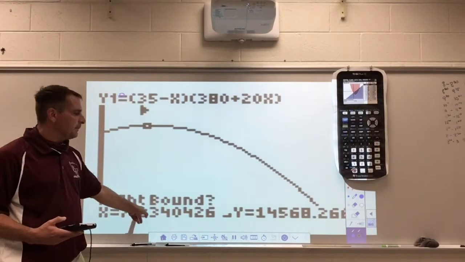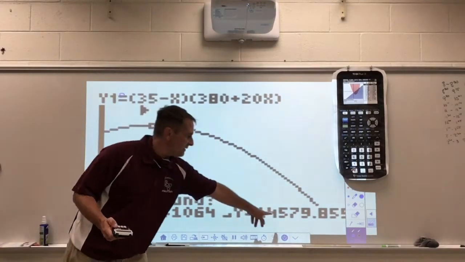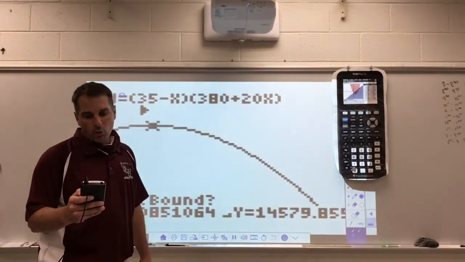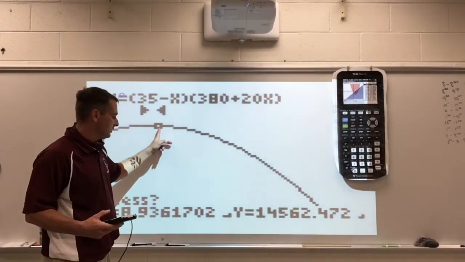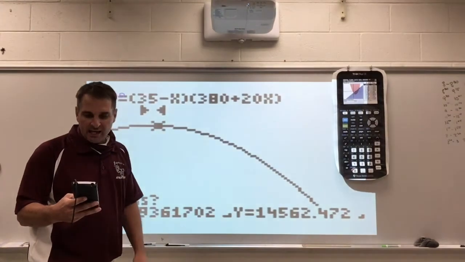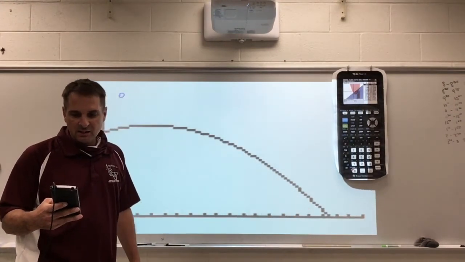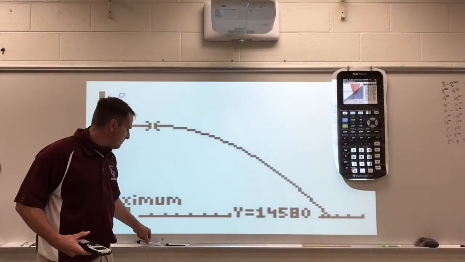Now it asks me for a right boundary. So go over twice to get back to where I was, 579. I'm going to go over 2 more times, and I'm going to hit enter. I'm going to set my right boundary. And now it says guess. I'm just going to hit enter for guess. It's going to think for a second, and then it's going to spit out my max.